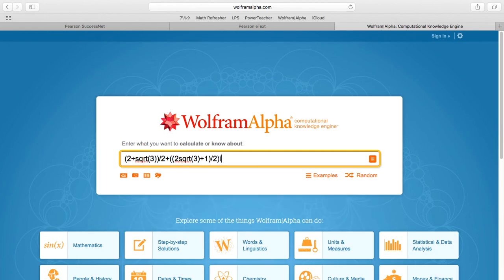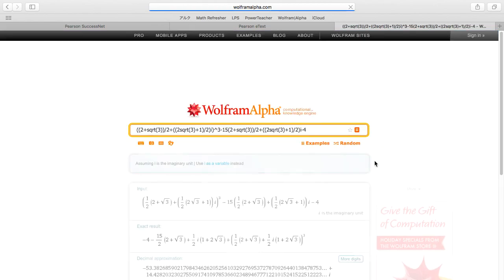See, this is x, right? So we're going to cube this guy, minus 15 times those guys, minus 4. What is it equal to? If this is equal to 0, this is definitely a root. It takes time.